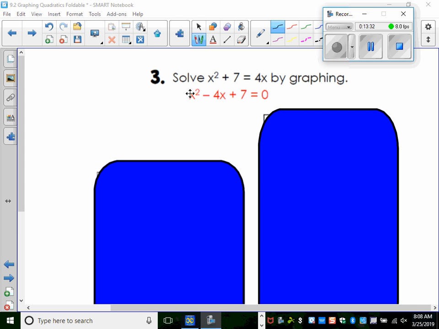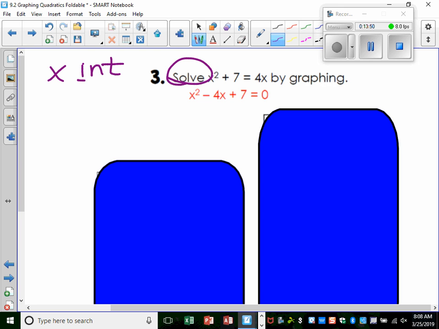All right, so in question number 3, it says solve. Solve means you are looking for the x-intercept. So you might want to remember that acronym that we started out with. When you see solve or solution, that means you're looking for the x-intercepts. So the very first thing you have to do is put this in what we call standard form.